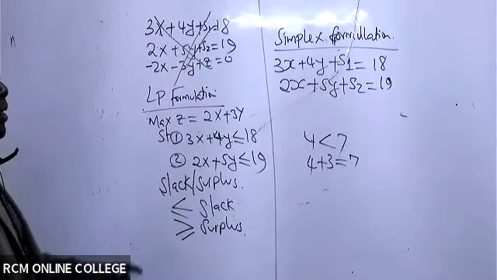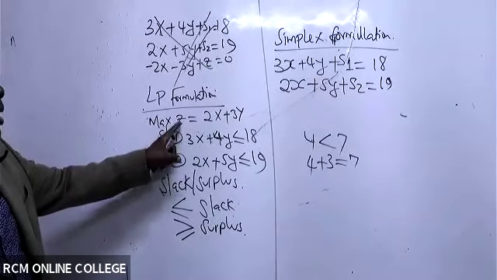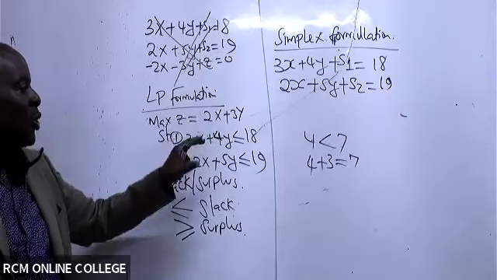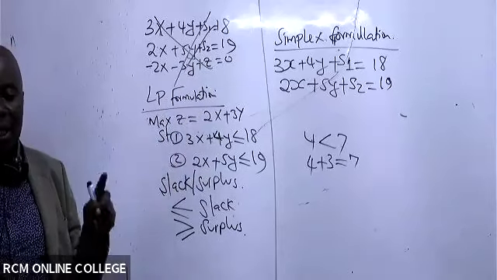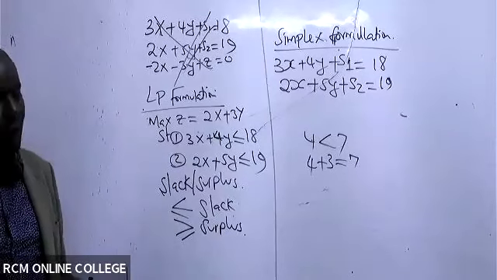Now we come and make this z. We have to have the z equation in the Simplex formulation. The z equation must read equal to 0.